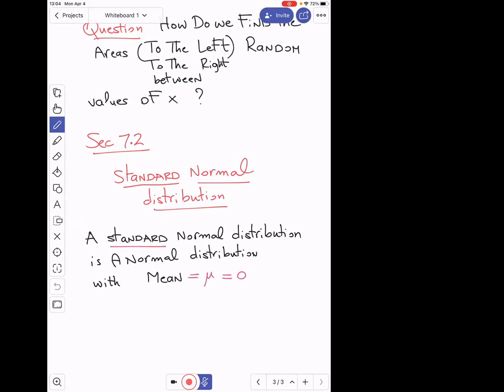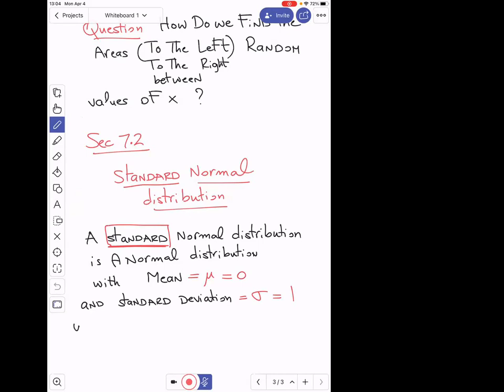So in a standard normal distribution, the mean is 0 and the standard deviation, sigma, is equal to 1. And for the variable, instead of using x, we're going to use the variable z. Okay, it's just a notation.